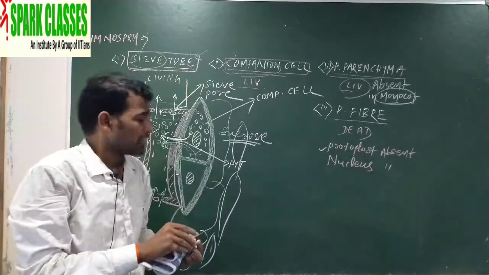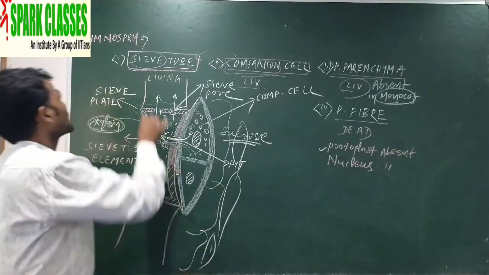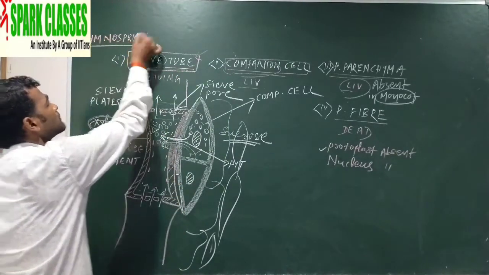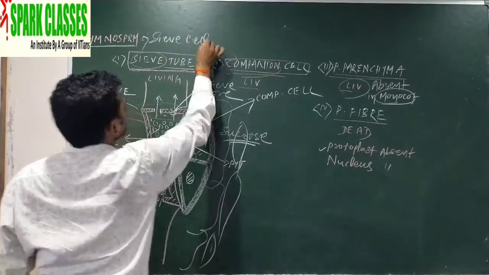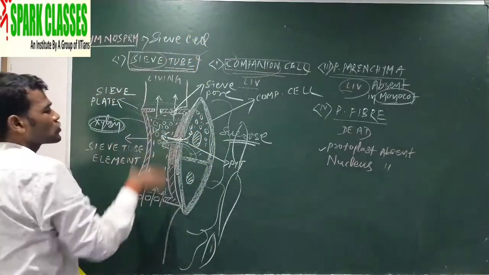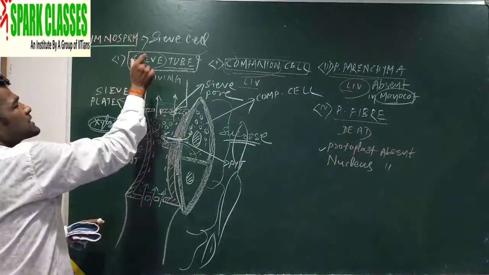But instead of sieve tube and companion cell, two other things are present. You have to remember, in case of gymnosperm, there is a sieve cell, not sieve tube. The tube-like structure is absent in gymnosperm. Single cells are present, sieve cell.